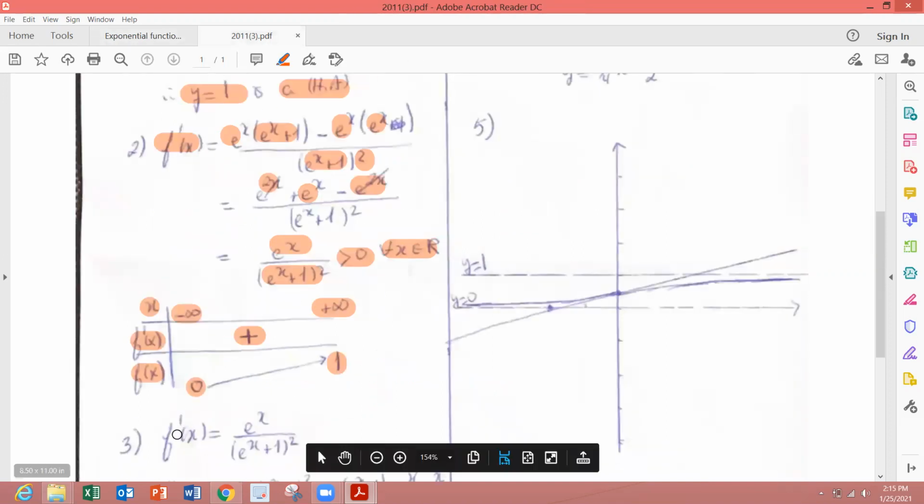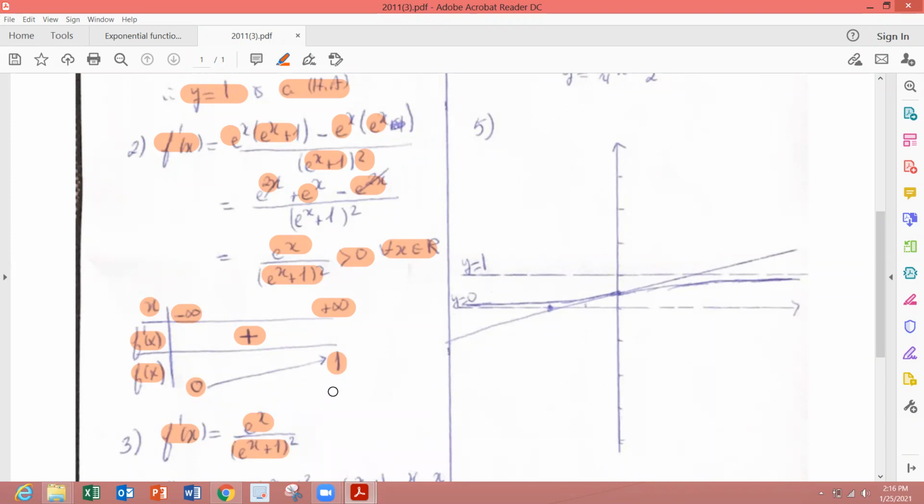This is f prime. It is of the form u over v. How to calculate the second derivative?